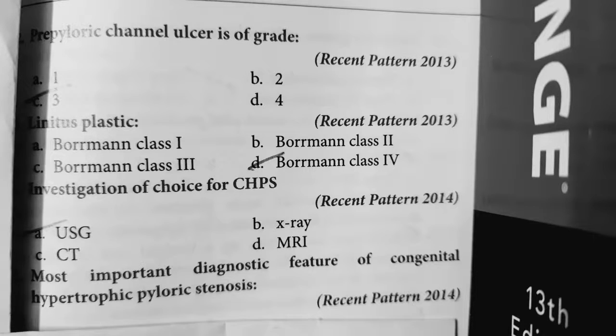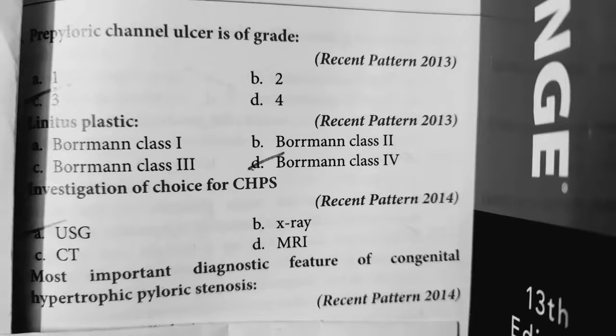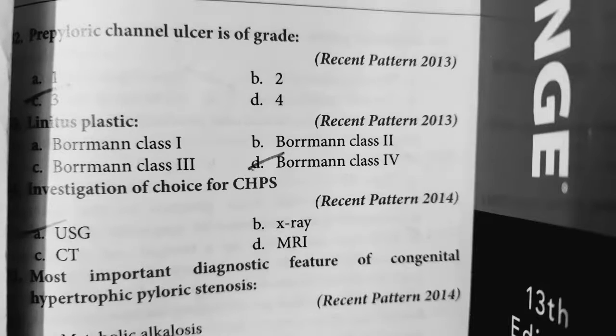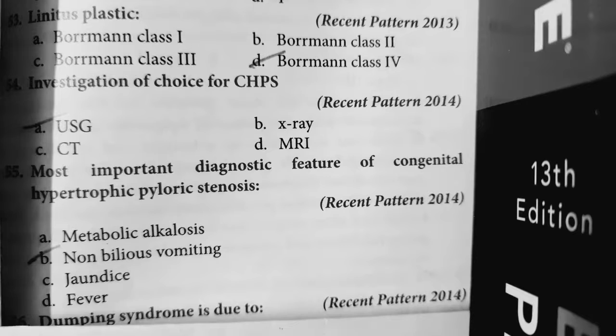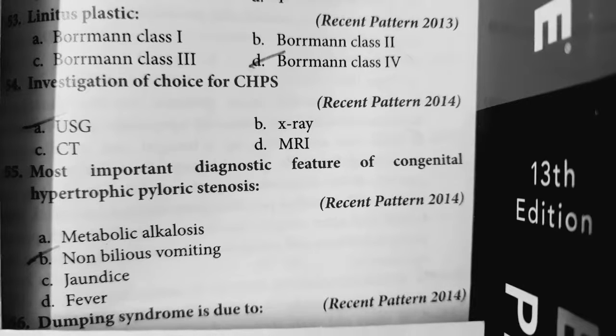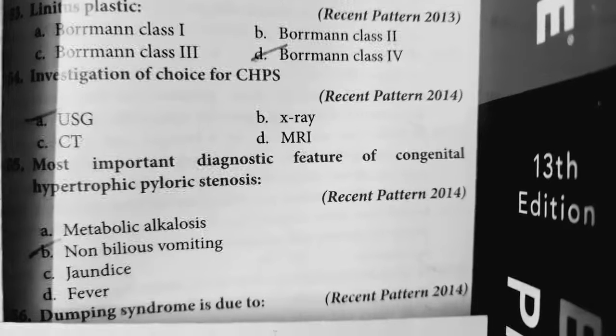Most important diagnostic feature of congenital hypertrophic pyloric stenosis is non-bilious vomiting. Among all these, non-bilious vomiting is the most important diagnostic factor for hypertrophic pyloric stenosis.